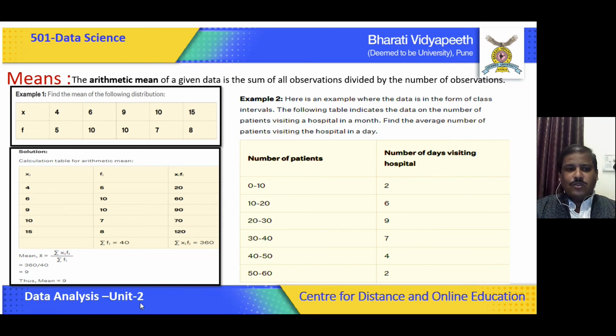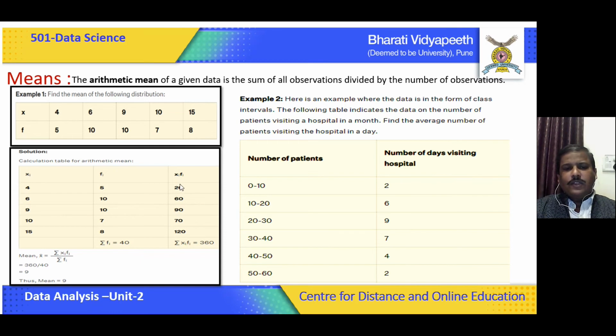I have already put in the solutions also, so it will be easy to memorize or to compare. So these are the different values xi, x value 4, 6, 9, 10, and the frequency fi. We represent them in this format, xi, fi, then we calculate the product of xi and fi, right? So 4 into 5 is 20, 6 into 10 is 60.